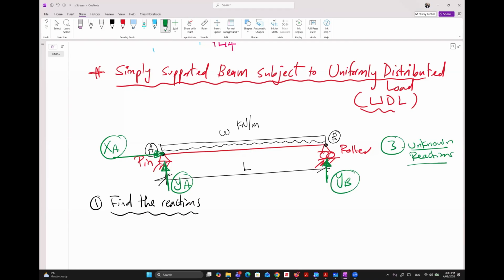So now how can we find the reactions? Similar to what we have done before, for XA we don't have any other horizontal force, so XA should be 0. How about YA and YB? Any idea or any guess?